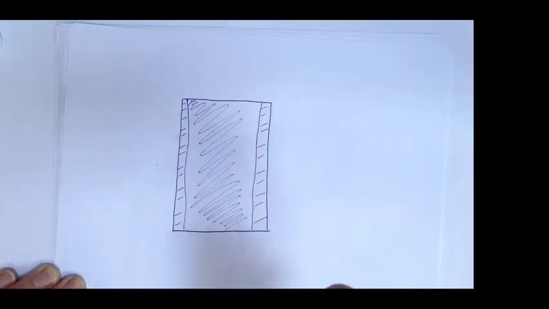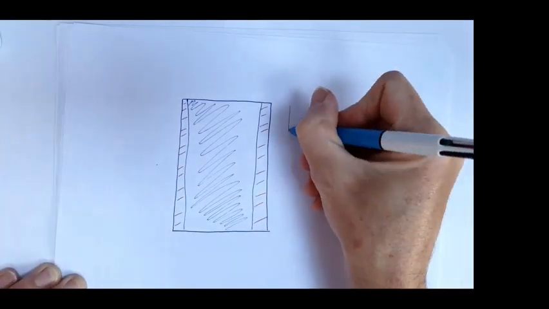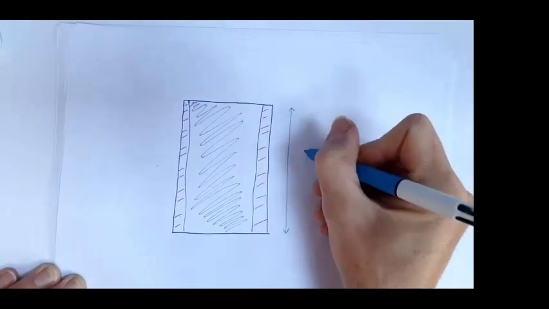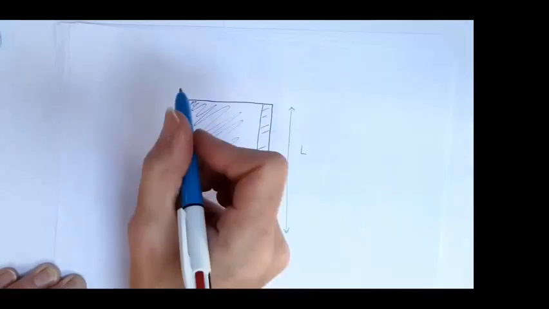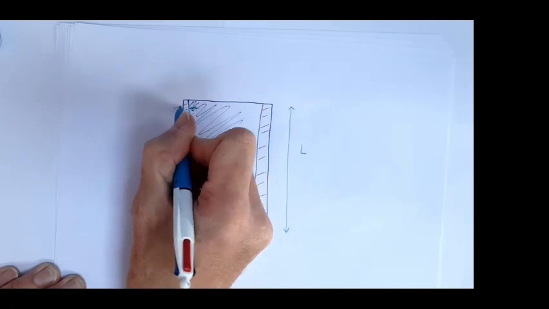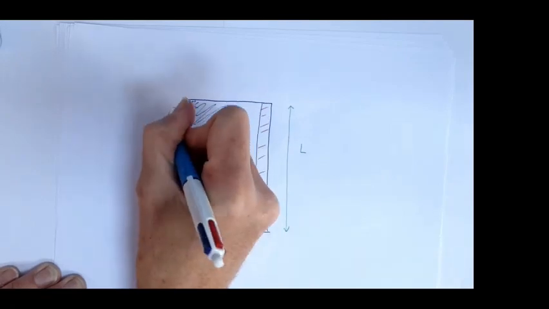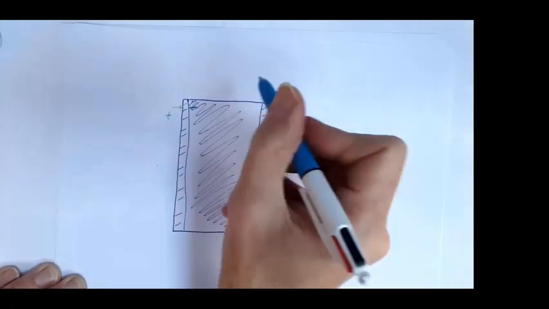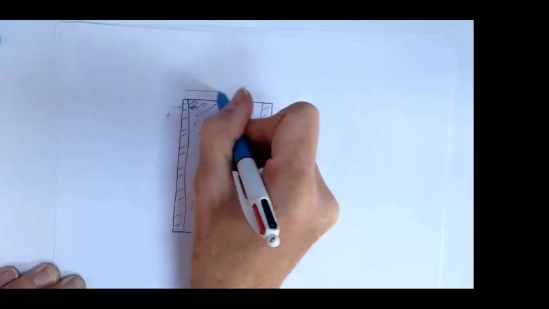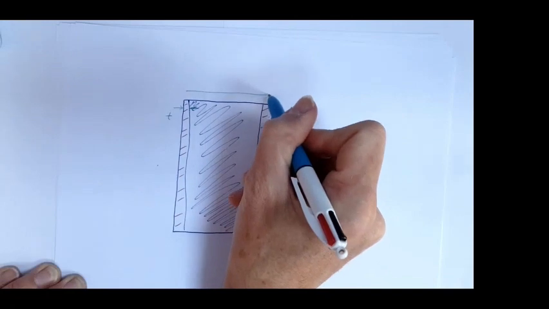Okay, and we've drawn some dimensions now. We've stated that this is of length L, thickness T, and this we didn't mark on the last diagram.